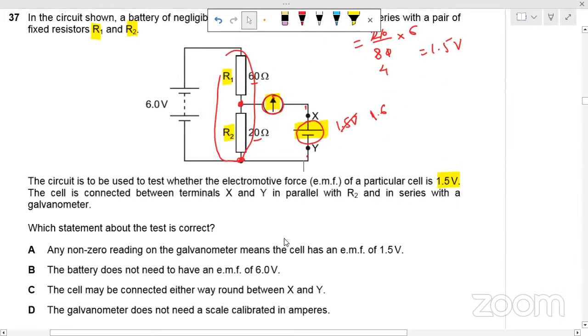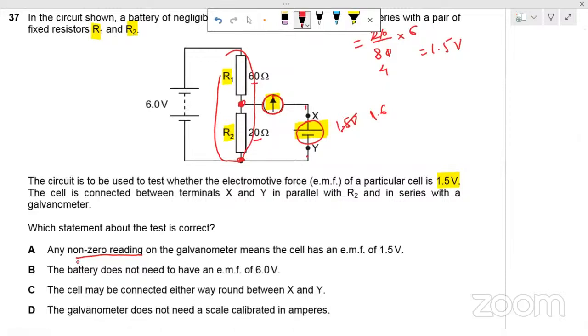A non-zero reading on the galvanometer means cell has an EMF of 1.5. No, if there is non-zero reading on the galvanometer, then that will show the potential difference across these 2 points is not same as the EMF of this cell, and that will not mean that EMF of this cell is 1.5.